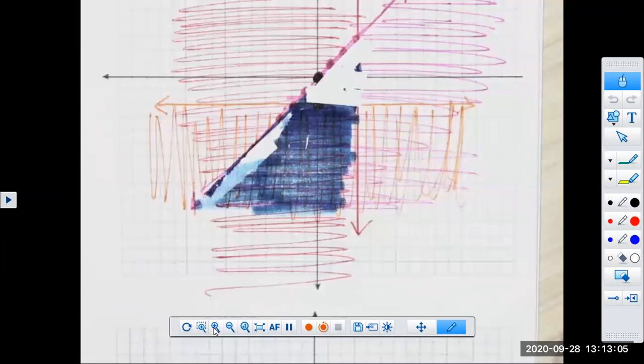All right. You have a lot more graphs in your notes, in case you need some extra examples. I did a lot.